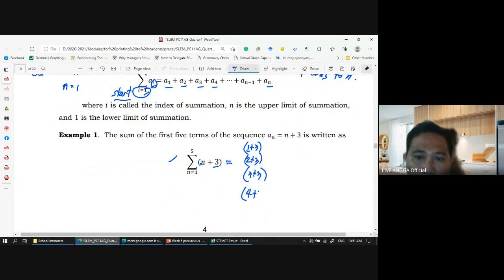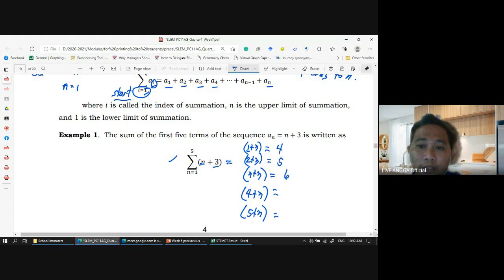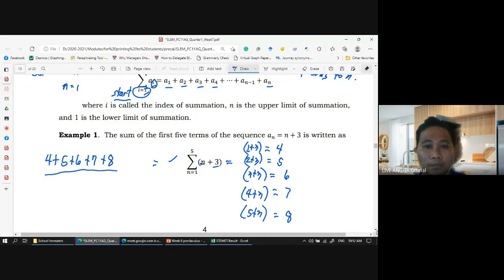This is 4 plus 3, then 5 plus 3. So what values is it referring to? This is 4, 5, 6, 7, 8. So we add 4 plus 5 plus 6 plus 7 plus 8. That is its meaning.